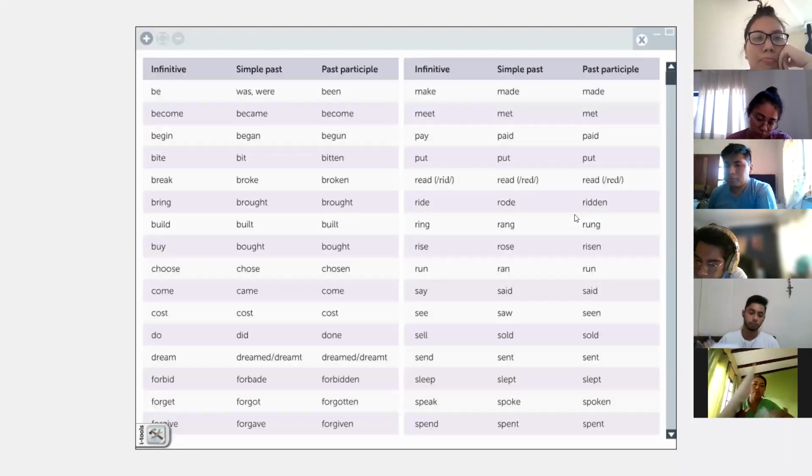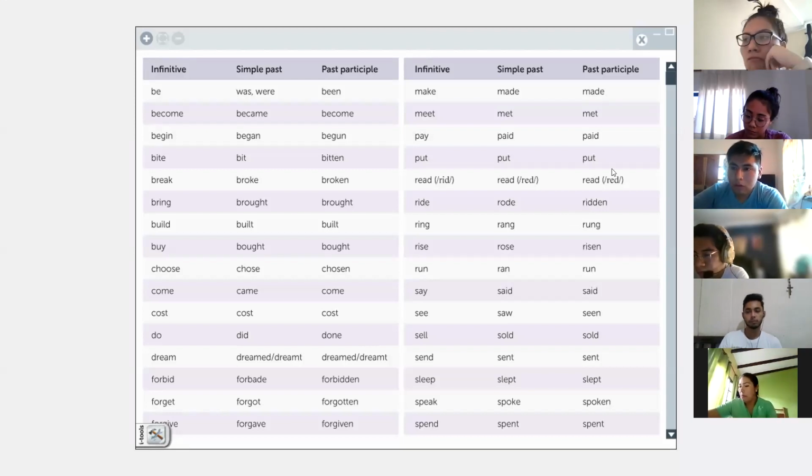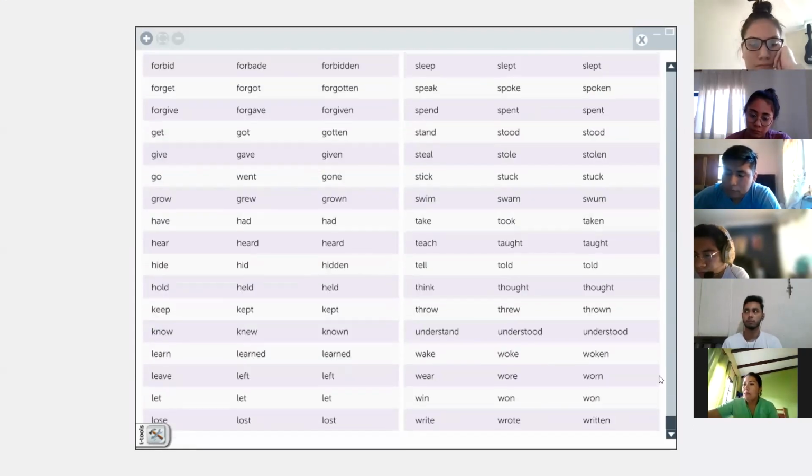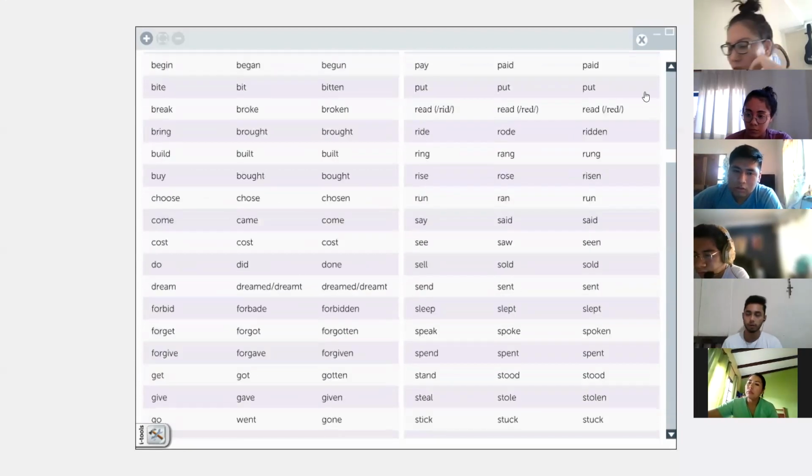Okay. These are some of the verbs that you need to learn, that you need to know in this level. Okay, estos son los verbos que sí o sí necesitan saber en este nivel. Quiero saber si hay alguno que no sepan, que no entiendan tal vez.